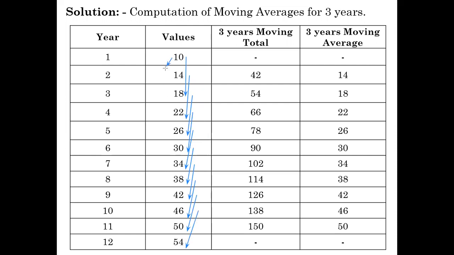This is the box system. Whatever values you get here, you have to divide them by 3. You get the average values, that is, the moving average values.